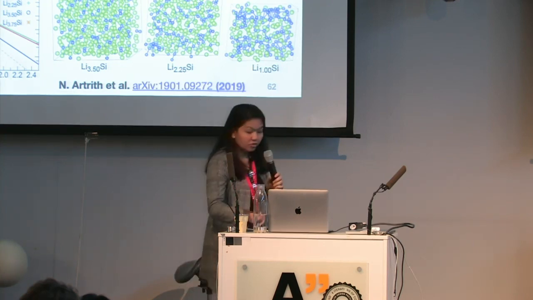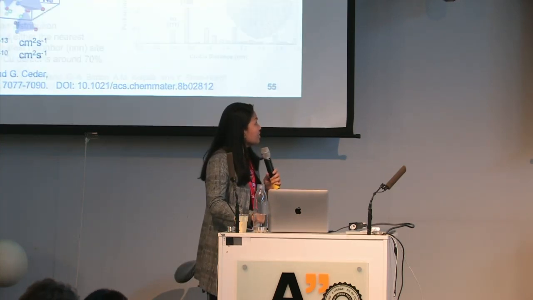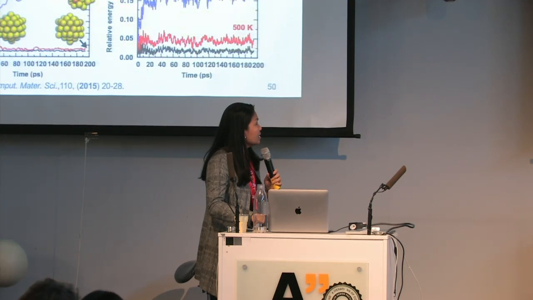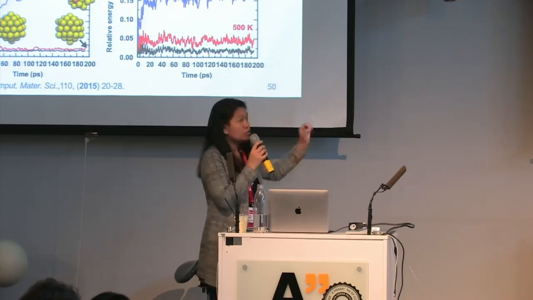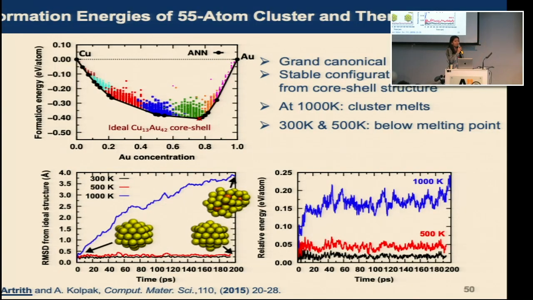The second slide that I showed. Here, we could use cluster expansion, but we also want to make sure that our nanoparticle works correctly at higher temperature. Yeah, in this case, you are right.